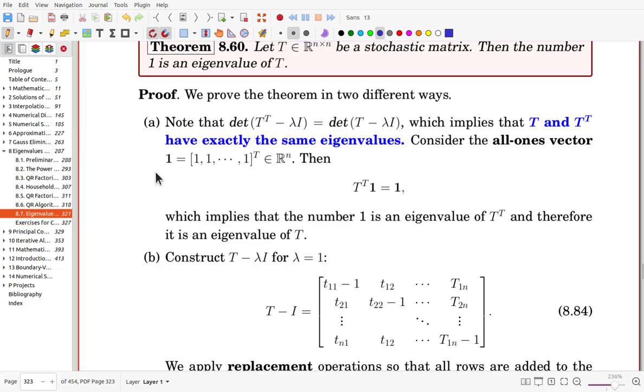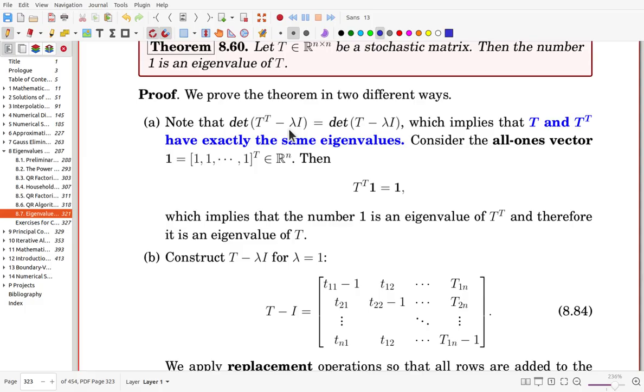Okay, the first method. We first recognize that the determinant of a matrix is the same as the determinant of the transpose of the matrix. So that is T minus lambda I. For the transpose of that, we have T transpose minus lambda I. Their determinants must be the same.